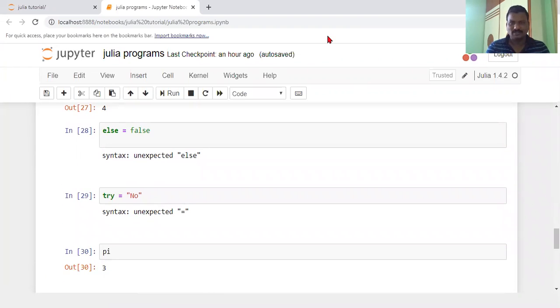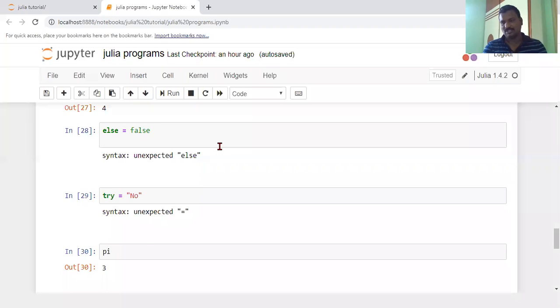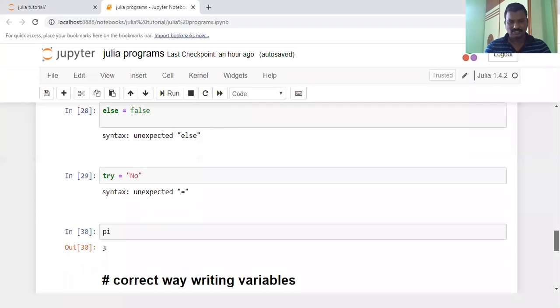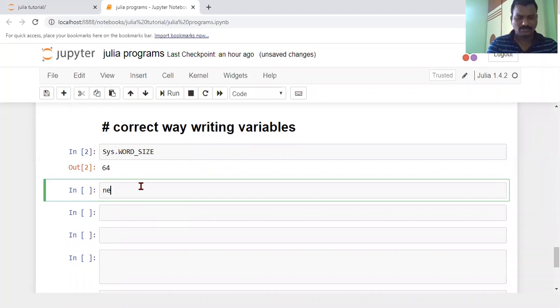The second important point here is that word separation can be indicated by the underscore. If the length of the word is very long, for example, new_sales in the year 2020 equal to 30 lakhs.